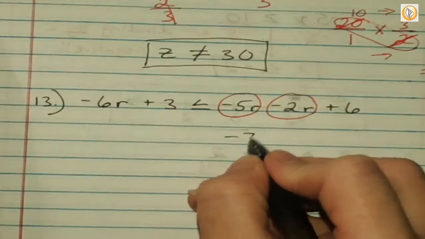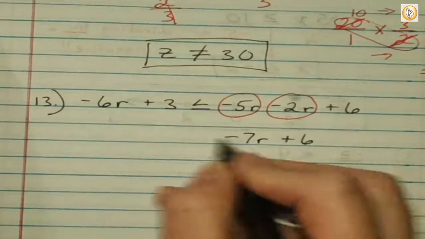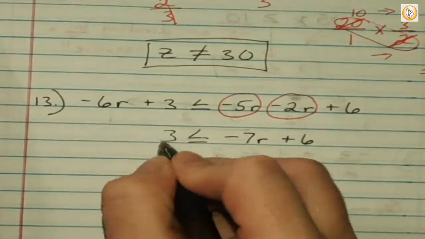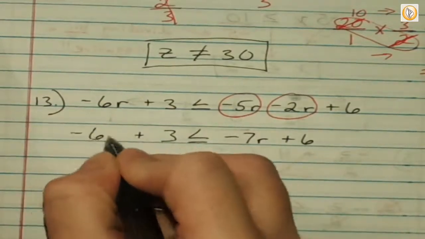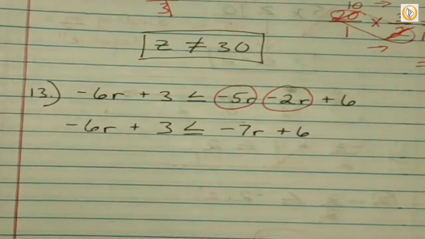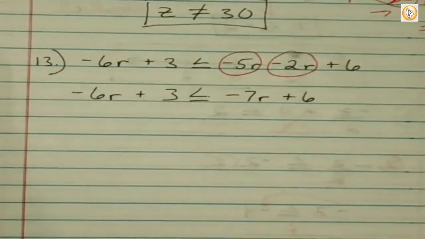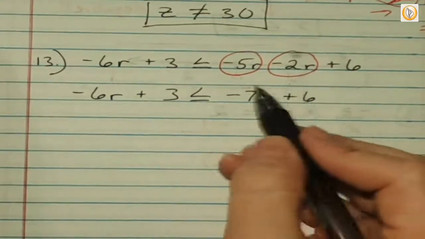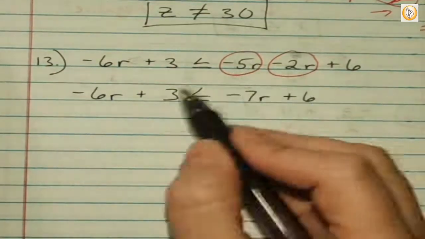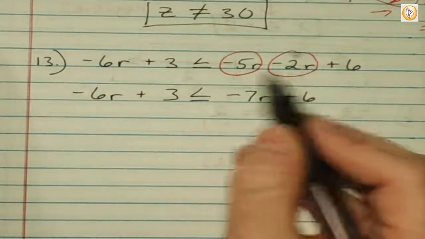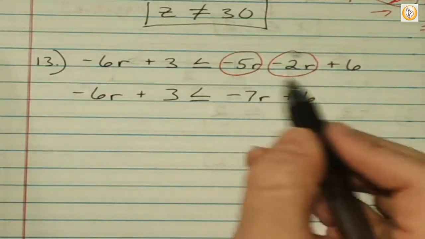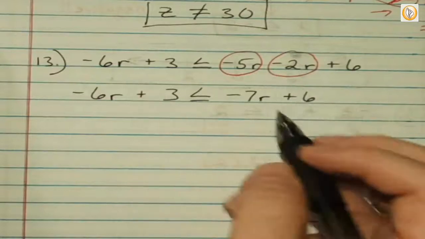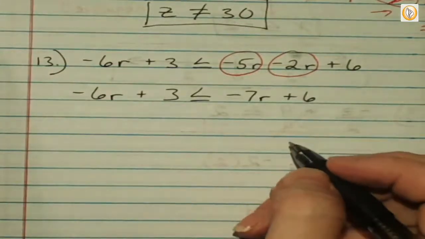Yes. And I'm rewriting my problem, and so are you. Okay, does everyone understand? First thing you want to do is simplify this, right? So we're going to combine like terms first to make it a little bit easier to deal with, okay?